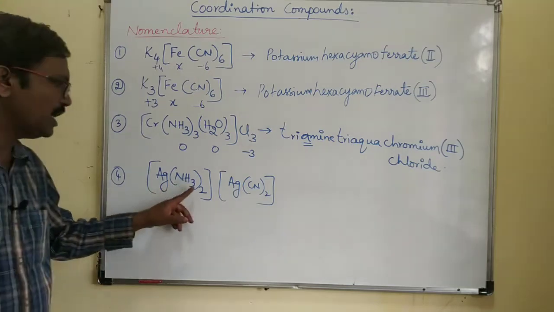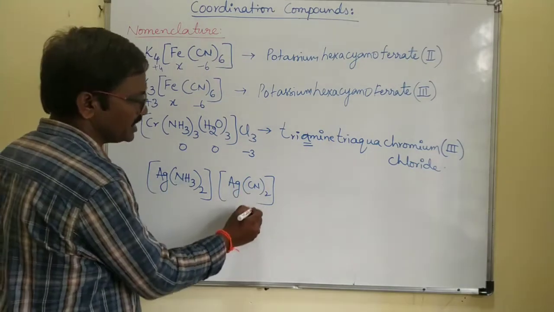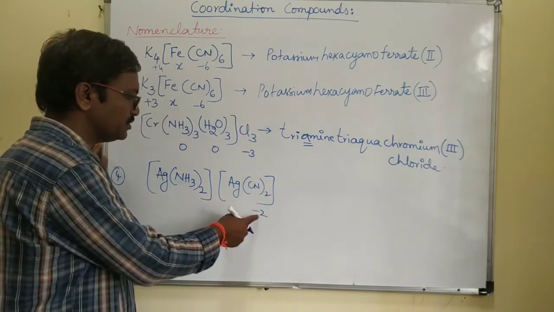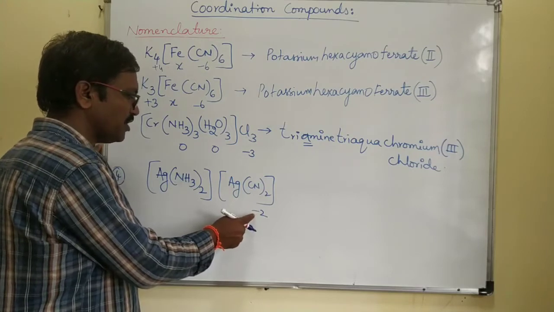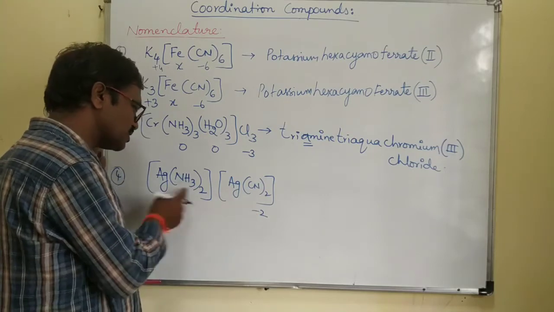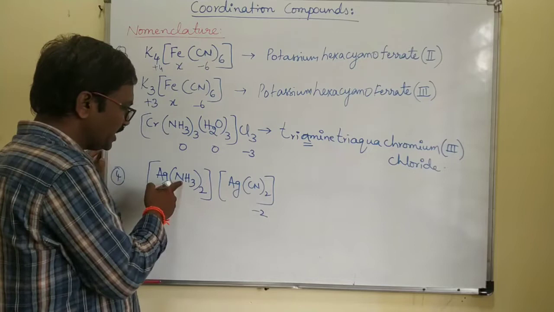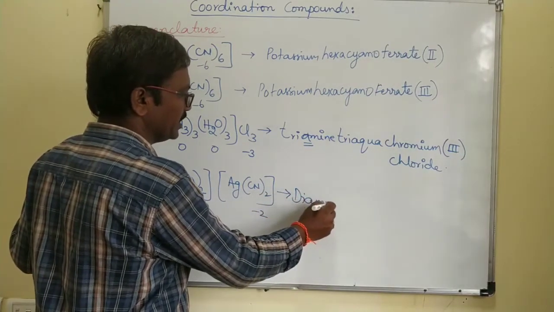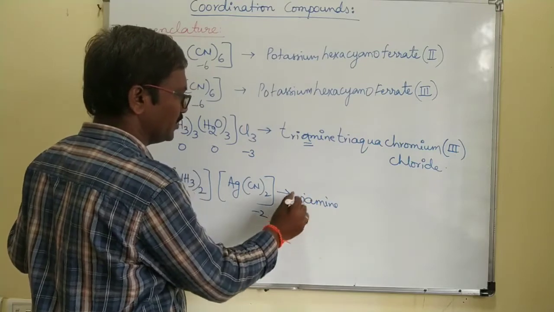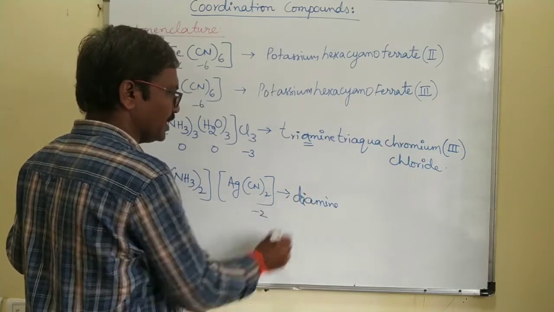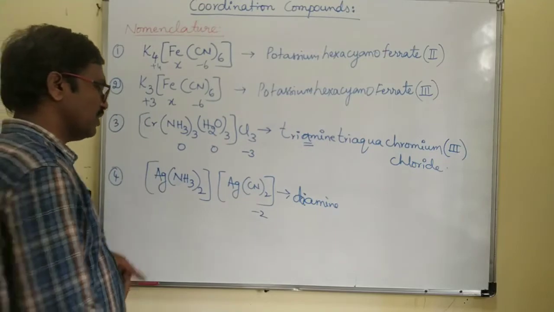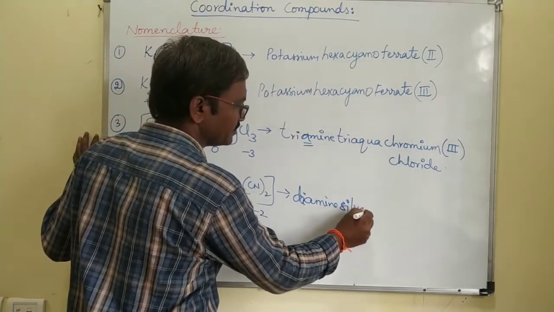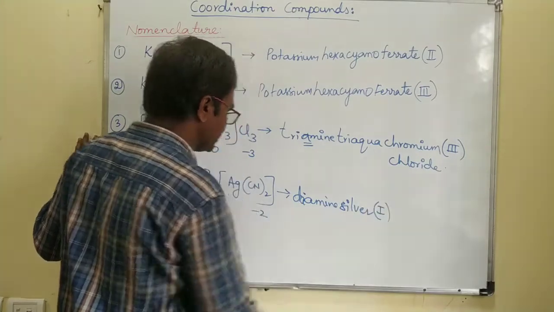So in diamine, this one is -2. -2 divided into 2, the -2 charges belong to both. So diamine, what is the name? Diamine silver. This one is a positive charge, that's why metal becomes silver. Silver 1. Diamine silver 1.